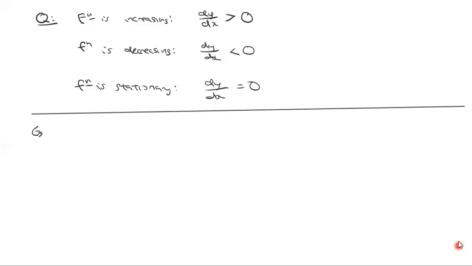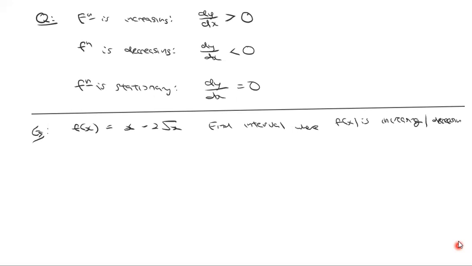So if we take an example question, and the example question says f(x) equals x minus 2 root x, and it asks us to find the intervals where f(x) is increasing or decreasing, then your first job is to take the derivative.